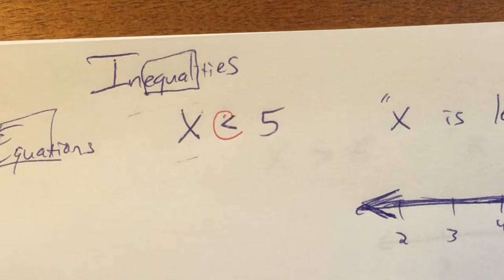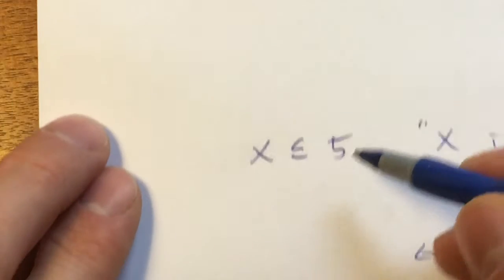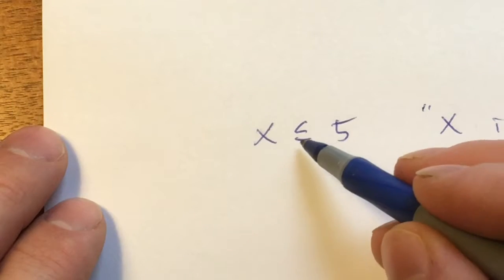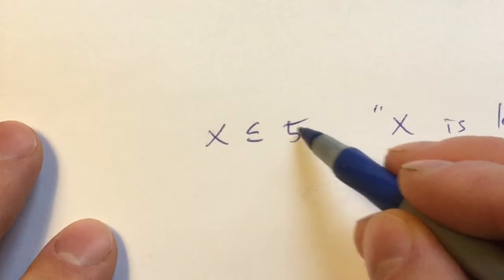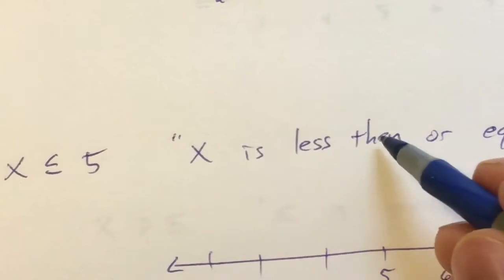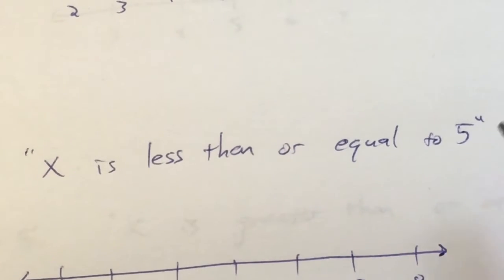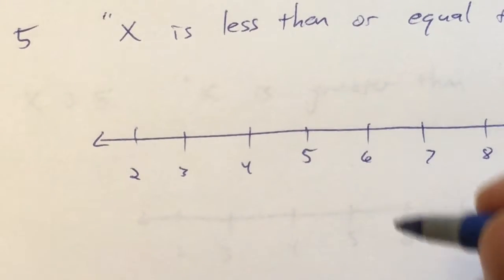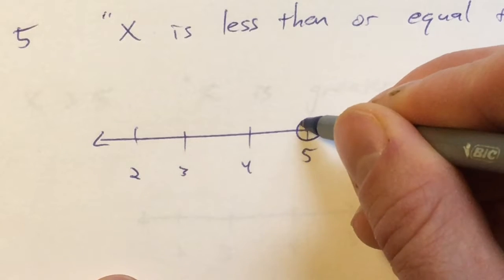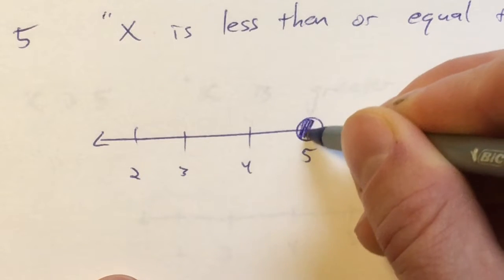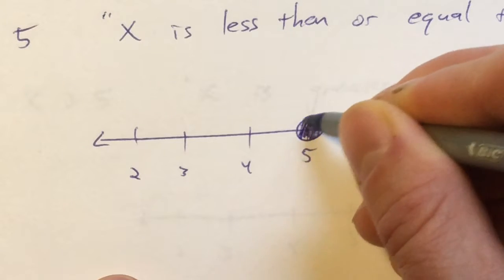Excuse me. All right, and then you can write a similar symbol with a line underneath it, and you would read that as x is less than or equal to 5. The way you would do that on the number line is you would put a circle around the 5, and this time, because 5 is part of the solution, you can be equal to 5.